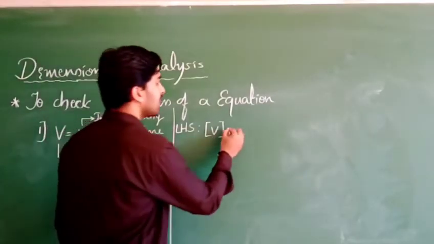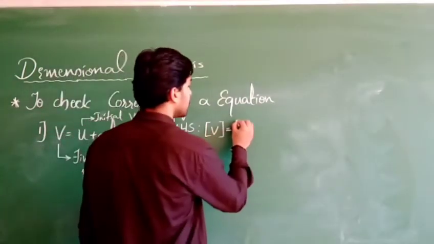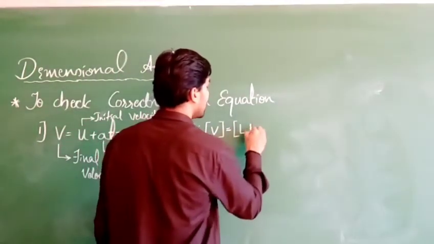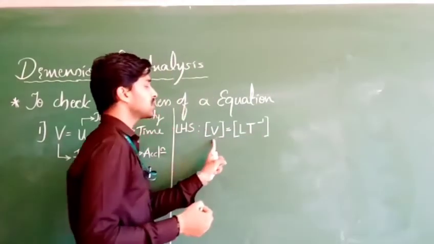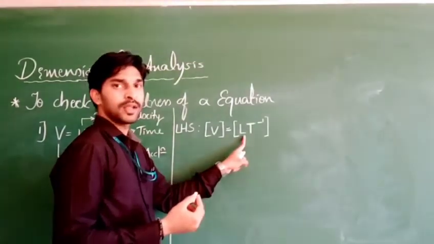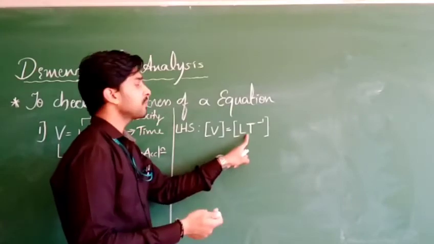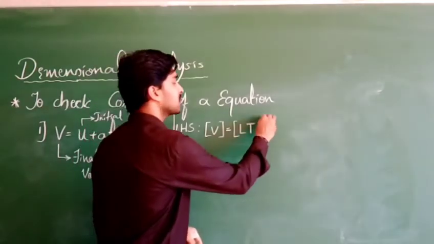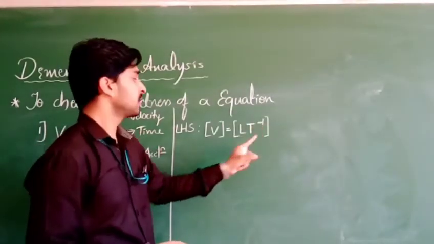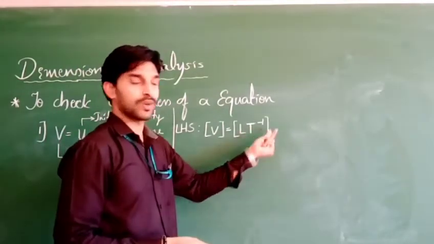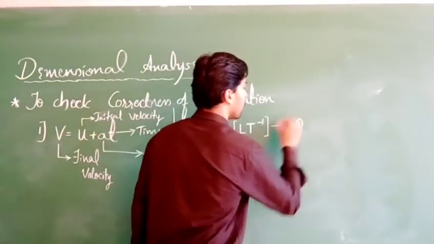Now we calculate the dimensional formula for velocity: L T to the power minus 1. How? Velocity is displacement by time. Displacement I write as capital L, divided by time, so T to the power of minus 1, because T was in the denominator. Directly I wrote it in terms of numerator. So L T to the power of minus 1. I am treating this as equation number 1.